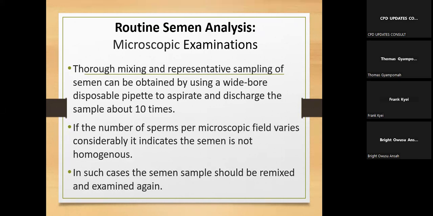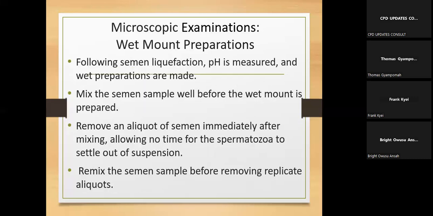So if in this particular case you are getting different numbers across the different fields, then all it means is that the sample has not been properly mixed, and all you have to do is to remix so that you get that homogeneity. All right.